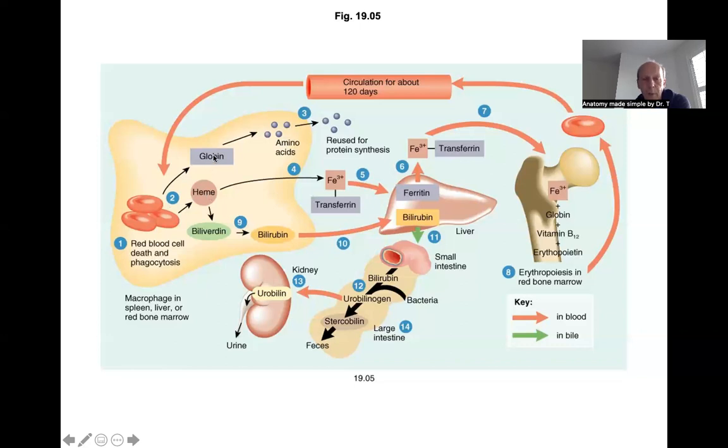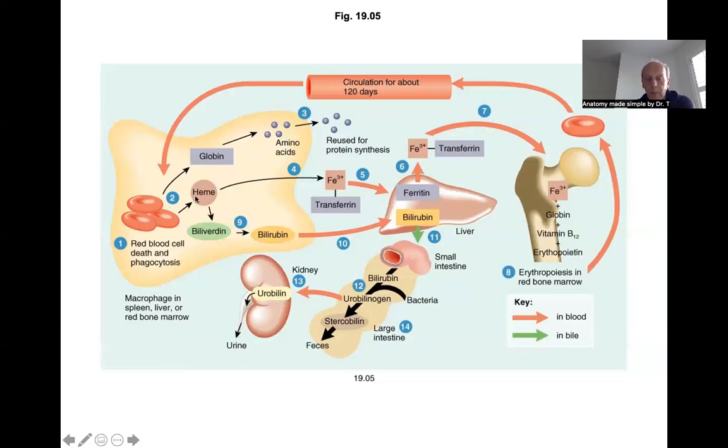Further breakdown of globin, as a long chain of protein, will yield individual amino acids. They won't be used for metabolic purposes of synthesizing energy; individual amino acids are reused for protein synthesis anywhere in the body, so we're just freely recycling them.